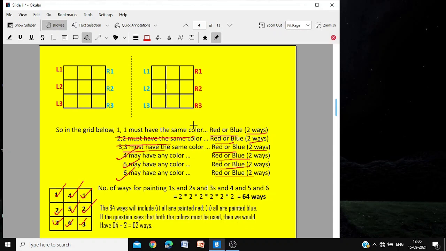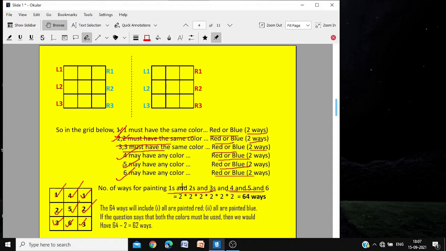Now we have to paint all of these. So for painting the 1s, the 2s, the 3s, and the single 4, single 5, single 6, all are connected by AND.